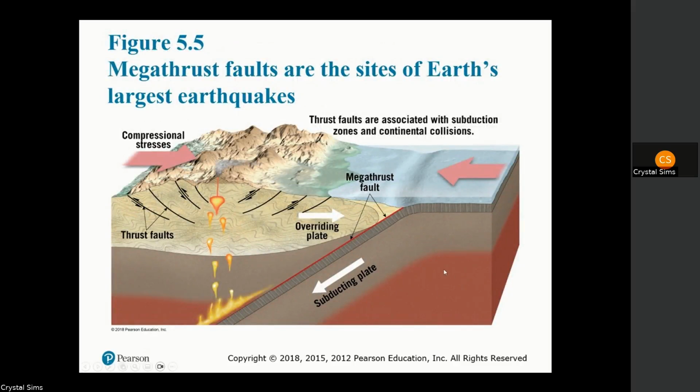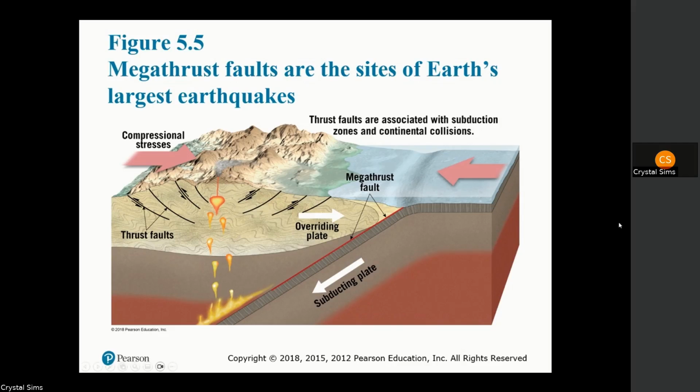When convergence causes the subduction of oceanic lithosphere under another plate, like we see here, the area of contact between them causes a megathrust fault. It can be several thousand kilometers long, and they can remain locked for decades or even centuries.